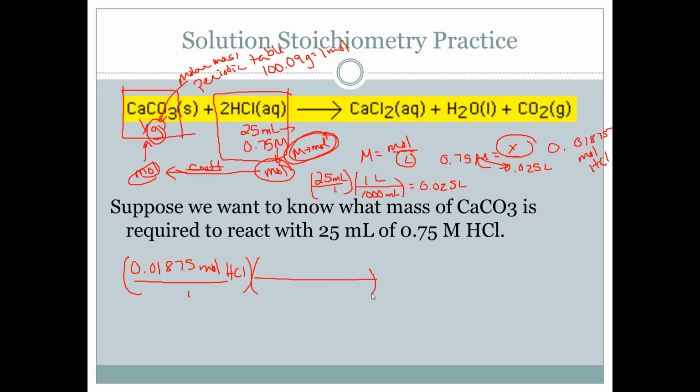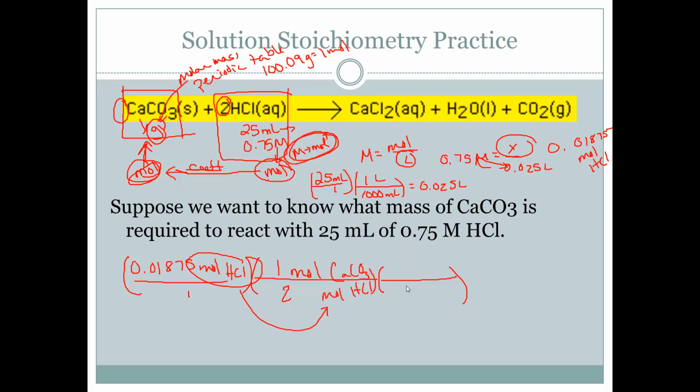We have moles of HCl on the top. That means I'm going to put moles of HCl on the bottom. And that's 2. We need 1 mole of CaCO3 because there's a 1 in front of there that's invisible. We are now here on our plan, and we need to get up to grams.